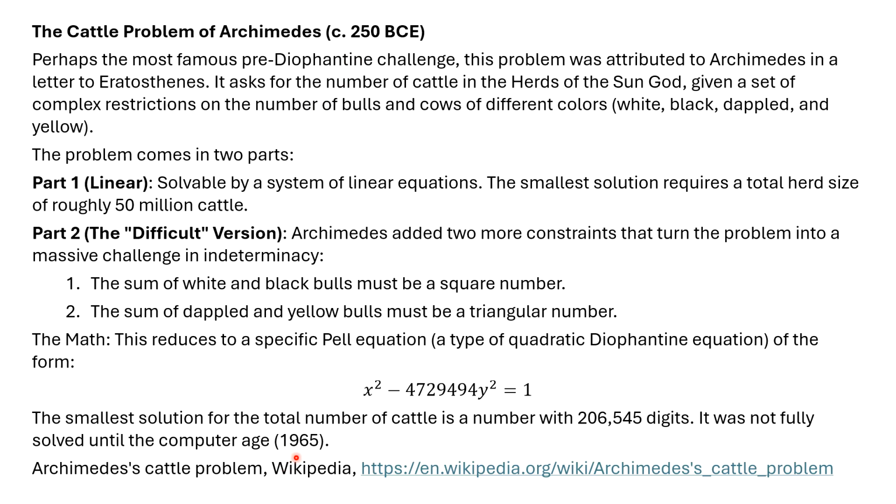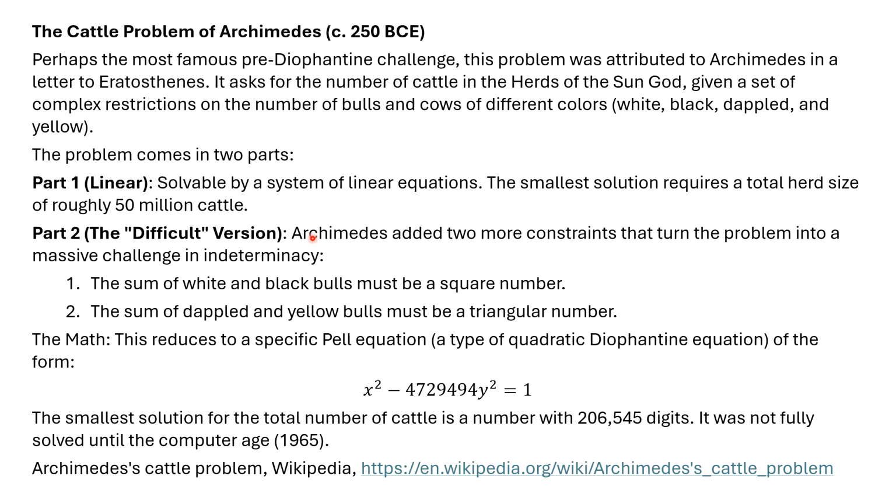I'm not going to solve this here, I just want to give you the general idea. So the problem was attributed to Archimedes in a letter to Eratosthenes. It asked for the number of cattle in the herds of the sun god, given a set of complex restrictions on the number of bulls and cows of different colors, black, white, dappled, and yellow.